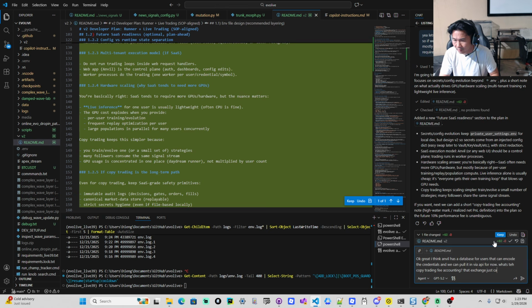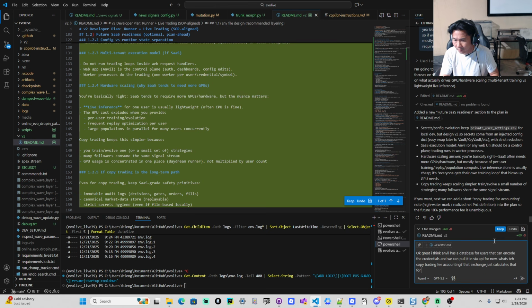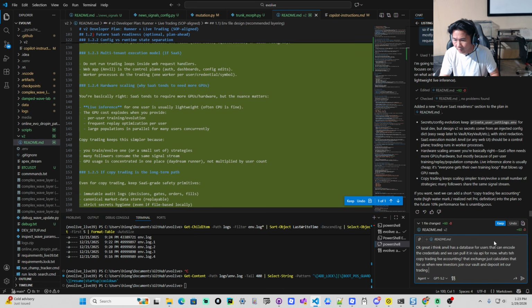The exchange just calculates it for us when new investors join our vault and deposit into our trading vault.